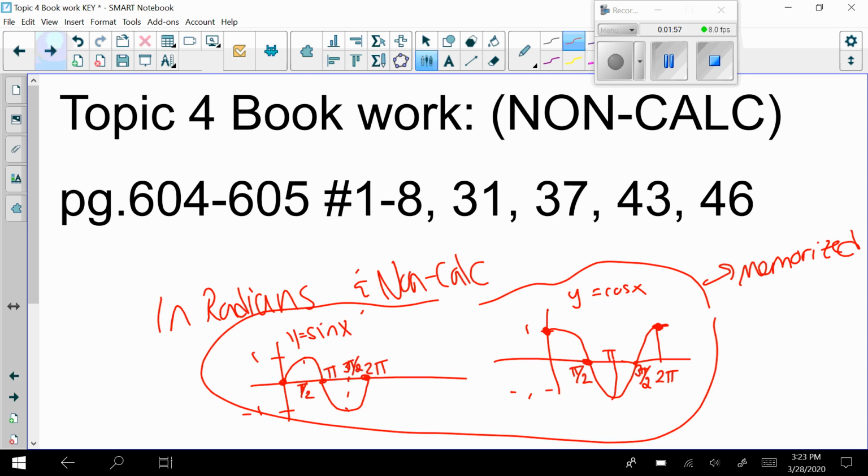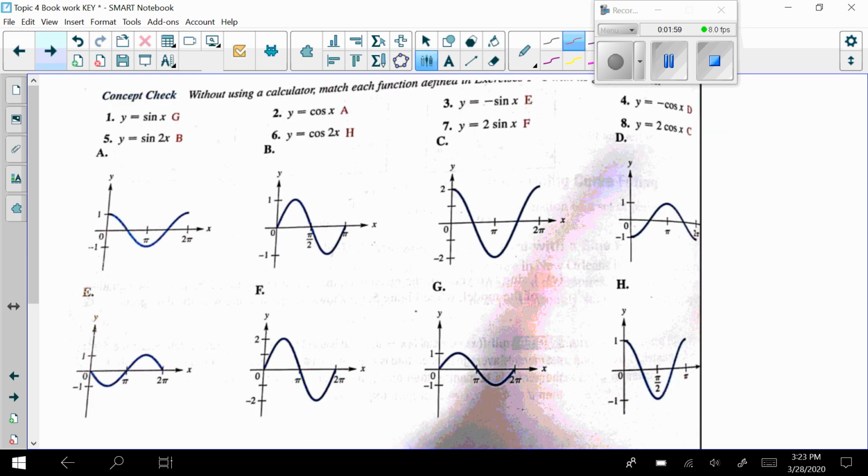Okay, so the first part, the matching part, the answers are here, but if I was going to pick sine x, I know in my head already that I have this picture of sine x starting at (0, 0), increasing and decreasing. So the cycle is going to be 2 pi. That's going to look like this guy, G, for sine x.